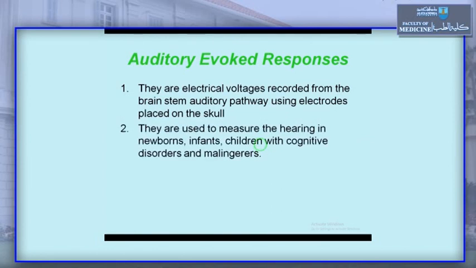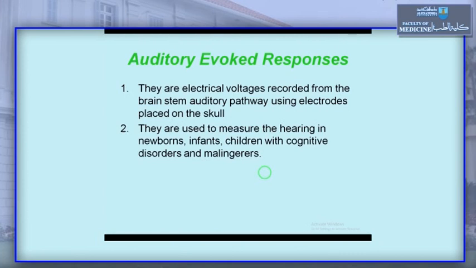Now, why are we doing that? Because in many conditions, we cannot get any information about hearing from pure tone audiometry. If you have a child, if you have a newborn, if you need to know the hearing for an infant or a baby that has an age of 1 or 2 hours, for a baby with 1 or 2 days, you will not be able to use pure tone audiometry, of course.